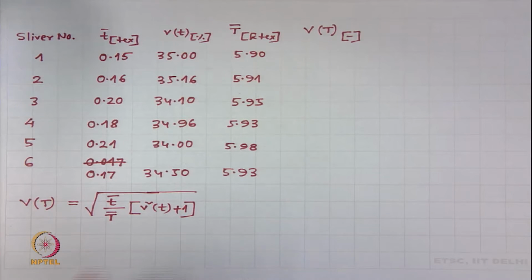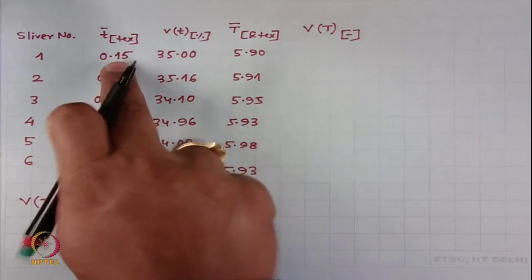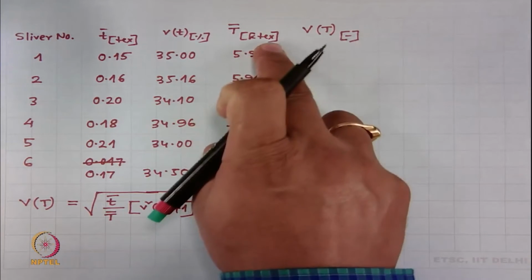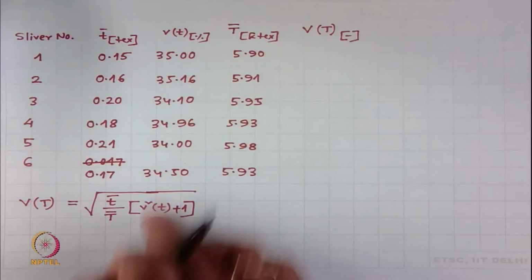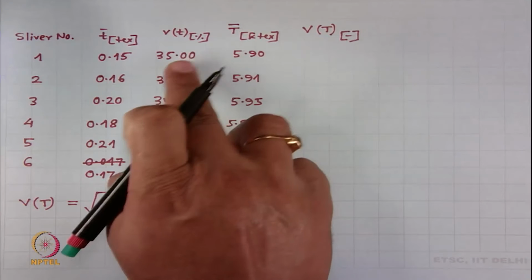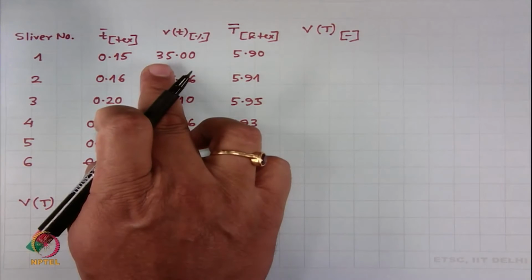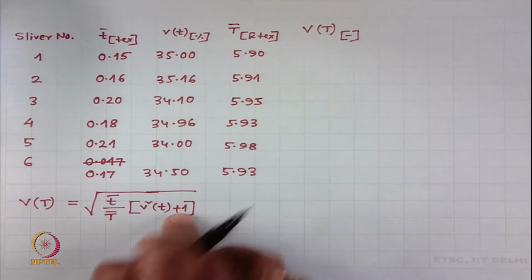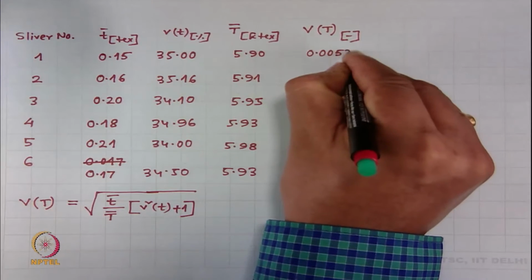Using this formula, T bar is given as 0.15, capital T bar is given as 5.9 kilotex, you have to convert it into tex, that is multiply by 1000, and V t is given in percentage. So, it will be 0.35 square plus 1.